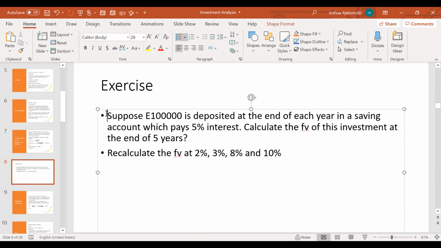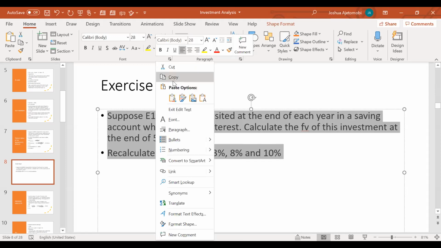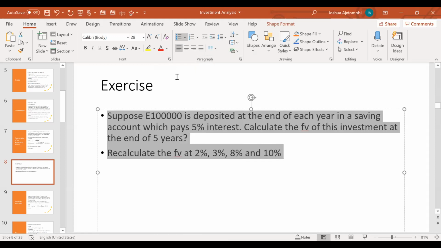So let's try to do that. 100,000, 5% and 5 years. And then 2, 3, 8, and 10.